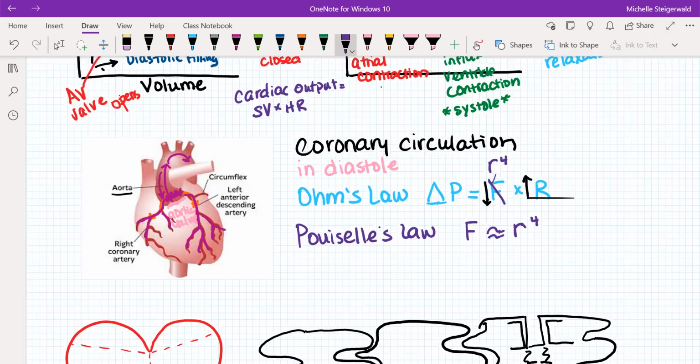And because this is feeding your heart, and you need these heart muscles to actually get the oxygen and be able to contract, if you block that flow, if you decrease it too much, you're going to have a heart attack. You're not going to get the oxygen that you need to the heart muscles, that tissue will die, and then it will no longer be able to contract. You do enough damage, and you're not going to be able to pump the blood out to the rest of your body, and that becomes a big problem.